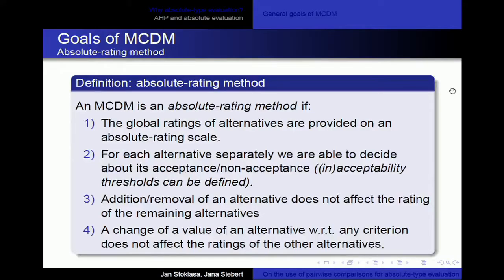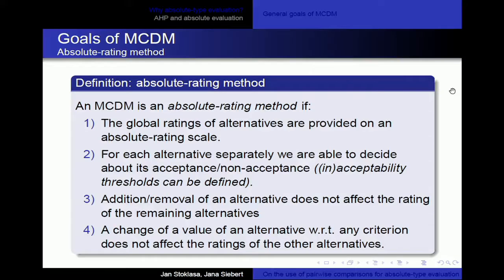Okay, so what would be an absolute type evaluation method in our context? Well, we require these 4 simple features which are usually set, but I have actually never found them on the same page or even in the same paper. So essentially, if you use an absolute rating or absolute evaluation method, obviously you expect the evaluation to be provided on an absolute type scale. So every value can be interpreted.